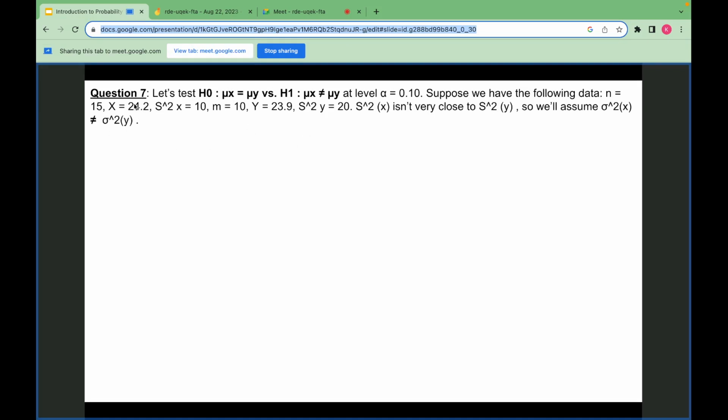In this question there is a small difference, 24.2 and 23.9, but they are significantly equal, which means that this variation in the mean values is because of the random sample.